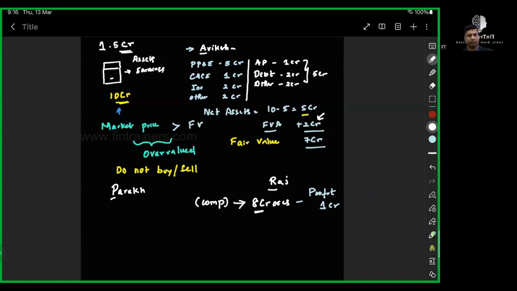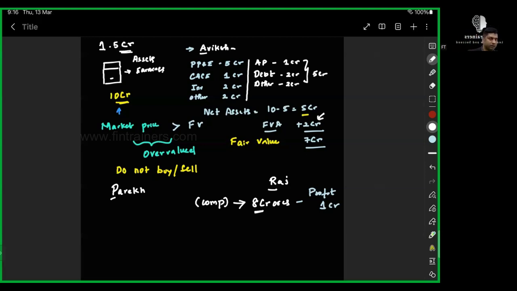He's found a comparable business that made 1 crore profit and sold for 8 crores. The business he's interested in is making 1.5 crores. So what is the valuation he should come up with? See, right now in the market, recently, one business sold for 8 crores, and that business made a profit of 1 crore.